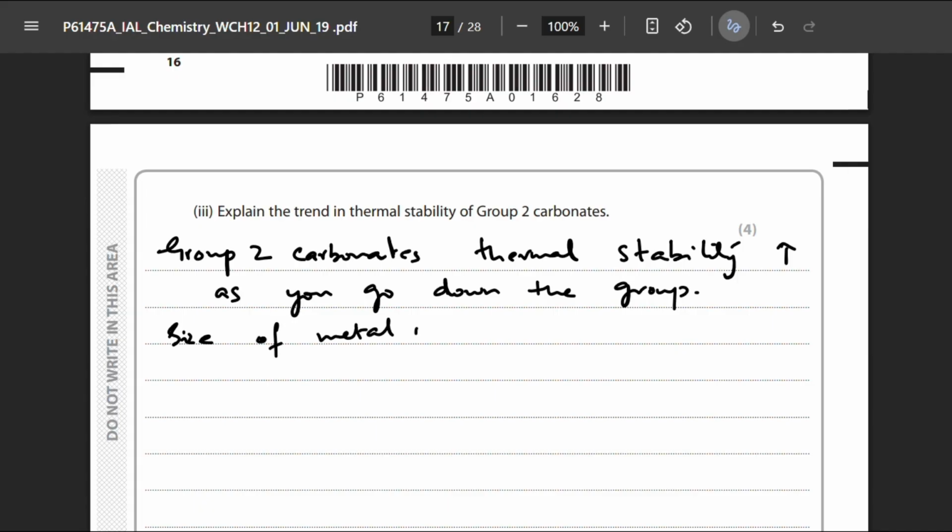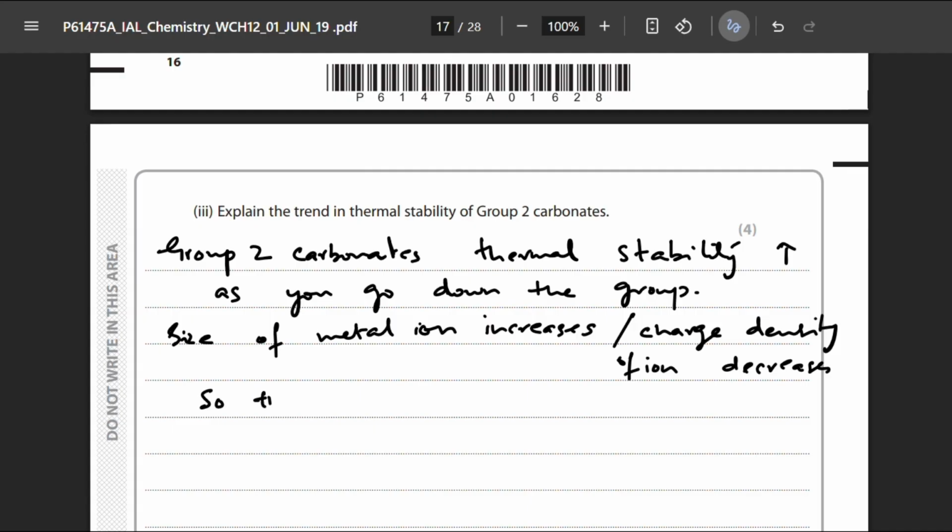And why does this happen? Because as you go down the group, the size of the metal ion increases, the charge density of the ion decreases, so the metal is less polarizing.